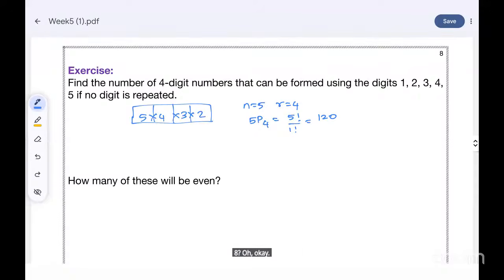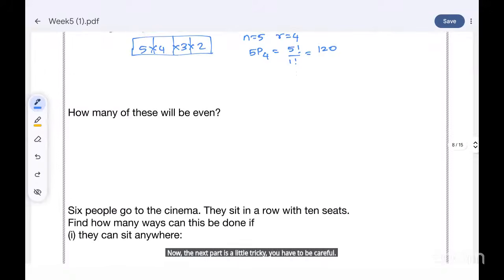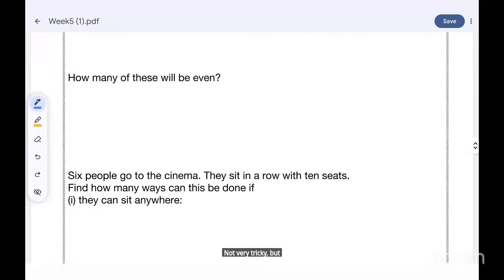Now the next part is a little tricky. You have to be careful. Not very tricky, but we are moving to the next level. How many of these will be even? What are even numbers?